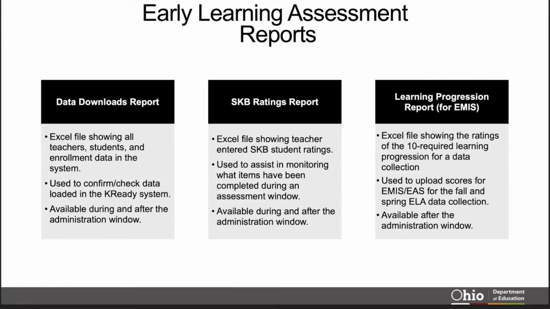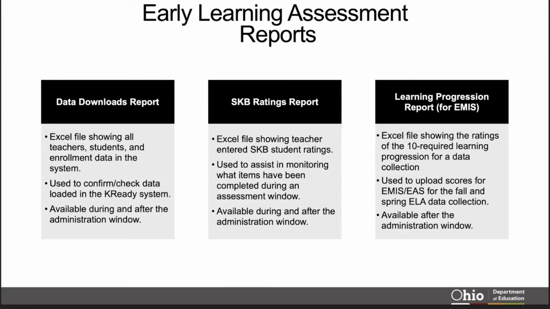Whereas if you were doing the whole thing, again, it's 72 SKBs. This is good to monitor to see what has been entered for those students by the teachers, what scores have been entered, because you want to make sure all scores are entered before the close of that window.